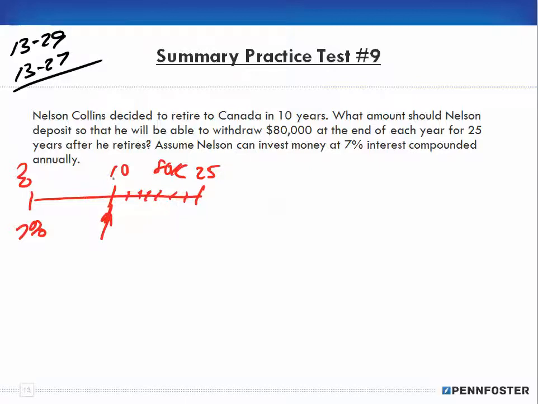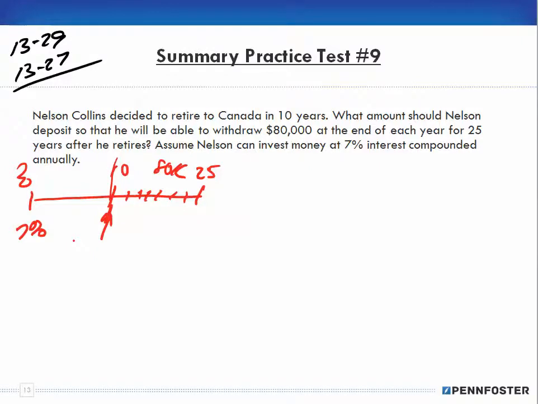We need to have a lump sum at the 10-year mark, but before we can find the present value of that lump sum, we have to find how much we need there. So in order to have the $80,000 for 25 years, we're looking at the present value. Go to the Business Math Handbook and look up 25 periods at 7%.